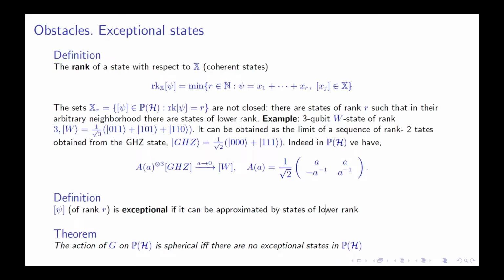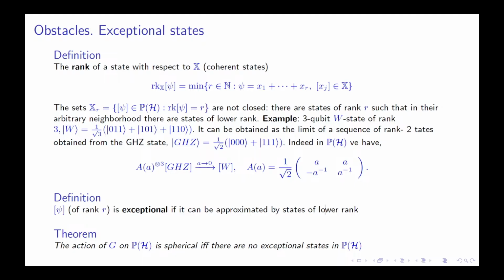So first we can define the rank of a state. This means the minimal number of the separable states which you have to use to produce the state. I will call it X_R. It is not written here explicitly. So what I defined in this line is this X_R. And this is not closed.